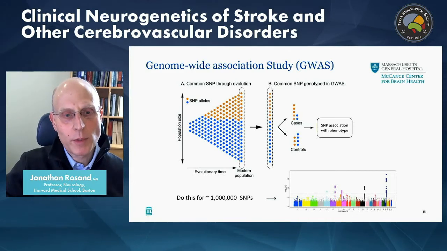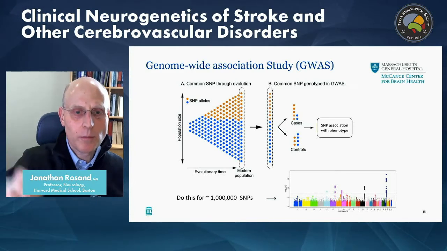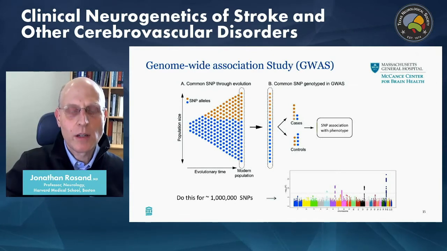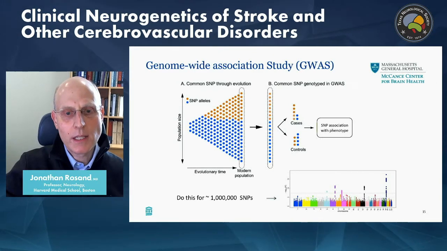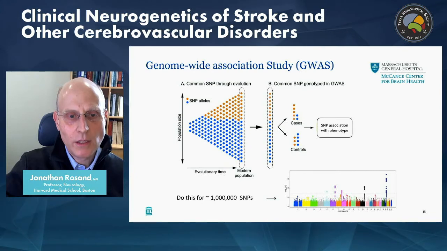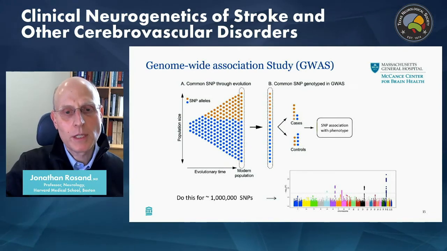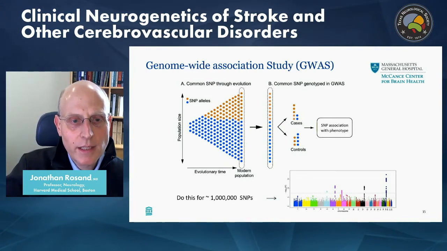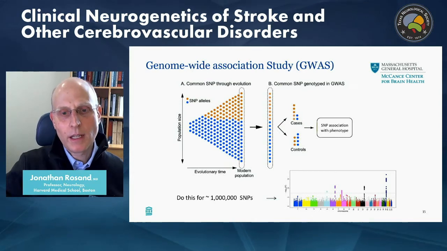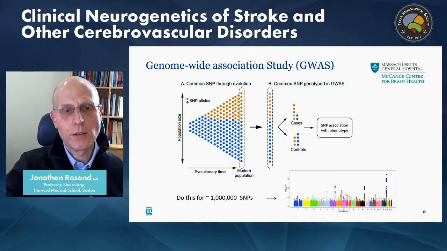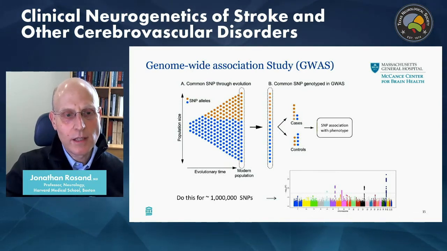And the stacks represent regions of the genome, so there are multiple SNPs in areas that are more frequent in cases than in controls. And then you set a threshold, which I'll come to in a second. Here it's that dotted line, and anything that rises above that threshold is considered to be statistically significant, accounting for multiple comparisons.